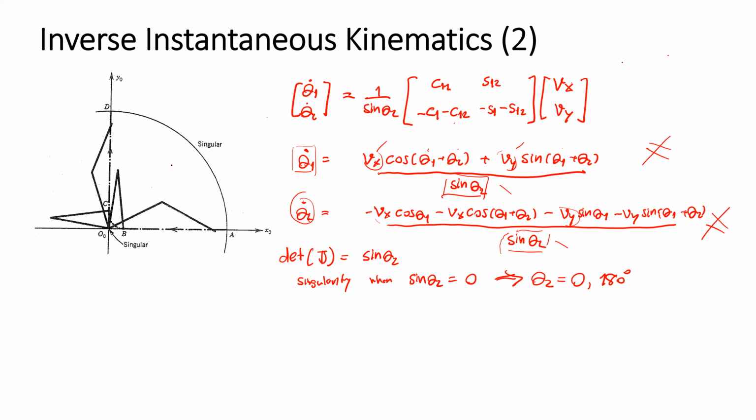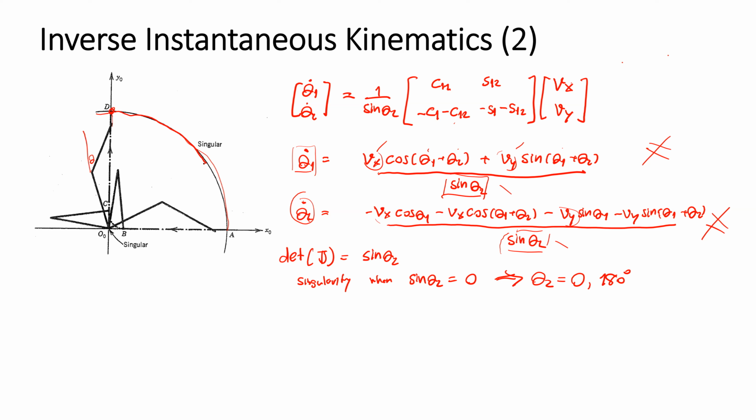If theta 2 is 0, the robot will lie in this line, and the trajectory can be along the circle like this.